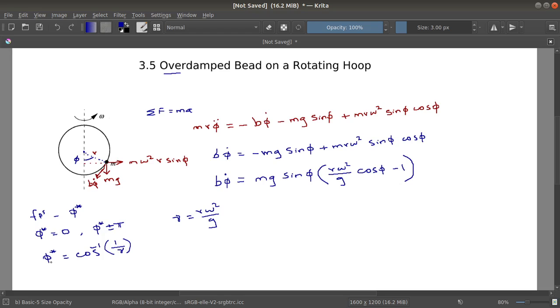But how about this fixed point? This fixed point depends on these variables. For a given rotating hoop and gravity, those things are not going to change.